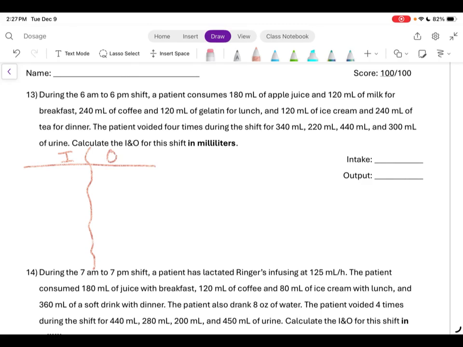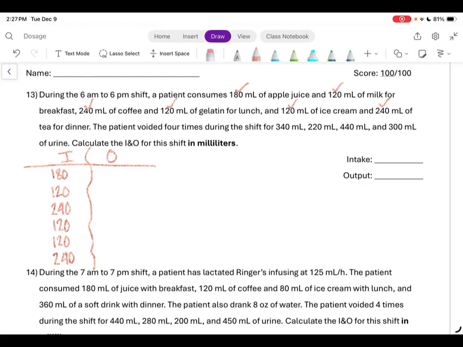So let's see, we have 180 of apple juice, right? 120 of milk, 240 of coffee, 120 of Jell-O, 120 of ice cream, and 240 of tea.